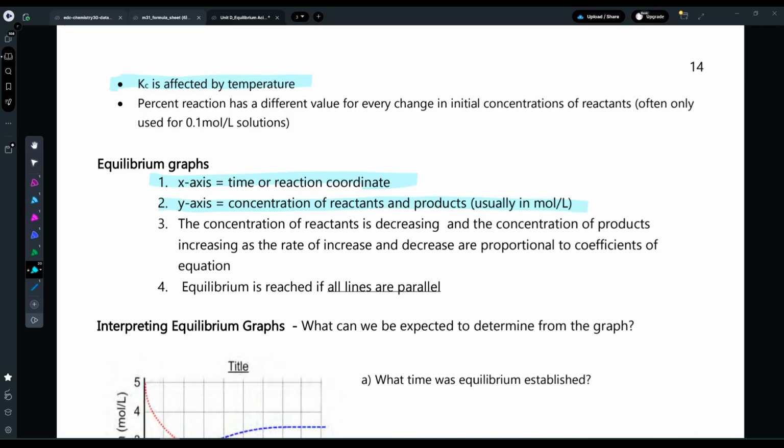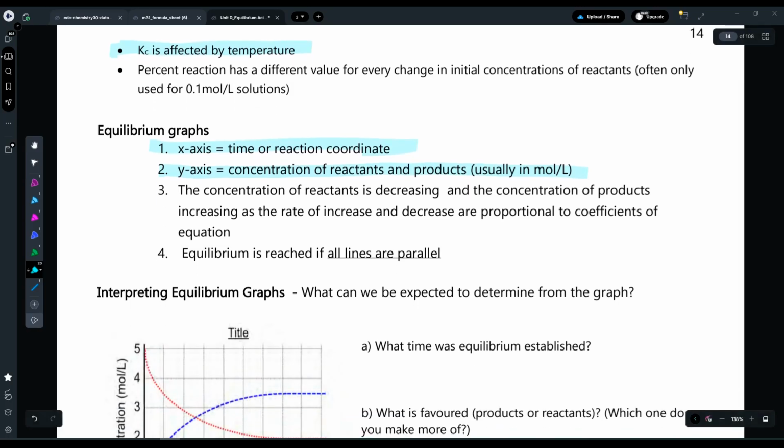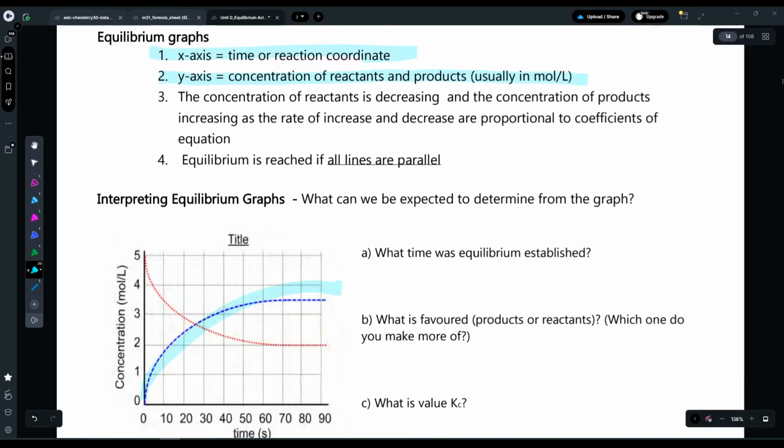The concentration of your reactants typically decreases, especially as the forward reaction happens, and the concentration of your products are increasing as the rate of increase and decrease are proportional to the coefficients of the equilibrium. So that's basically what this is saying: if you see a line that's increasing in concentration, that's going to tell you that that's going to be your product. Whereas if you see a line that's decreasing, that tells you that that belongs to a reactant.